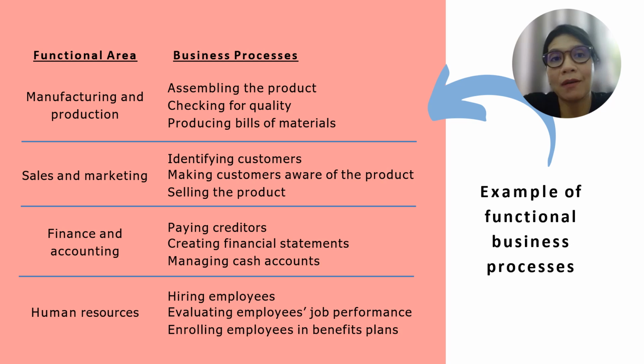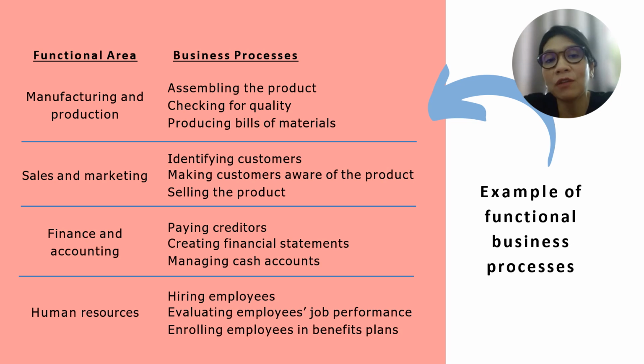So these are examples of business processes in each functional area, the so-called departments. Let's take a look at the basic departments such as manufacturing and production, sales and marketing, finance and accounting, and last but not least, human resources. Each department has its own business processes.